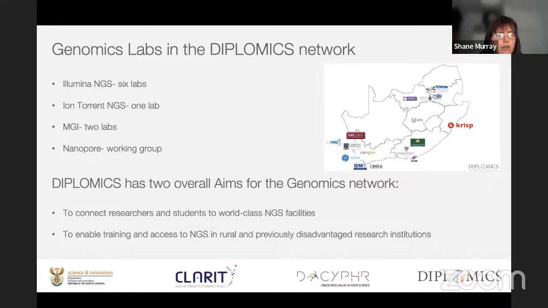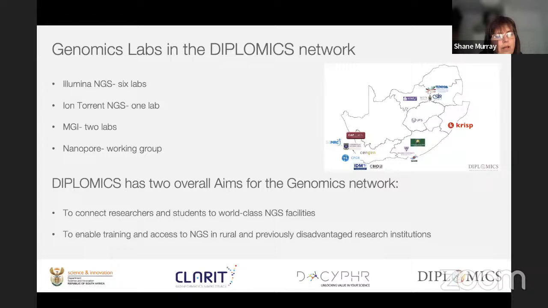As Tim has already stated, we really have 2 overall aims. One is to connect researchers and postgraduate students in South Africa to world-class NGS facilities. To that end, we are promoting the infrastructure in all of these different genomics labs so that people can send their samples there for research purposes.